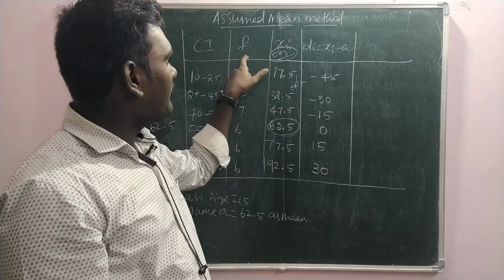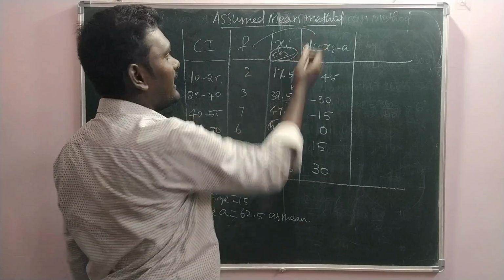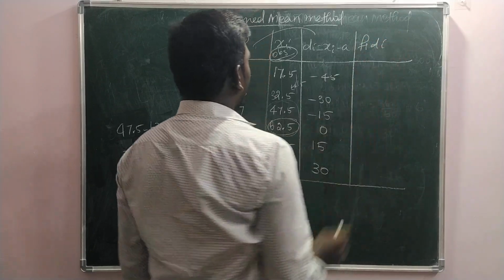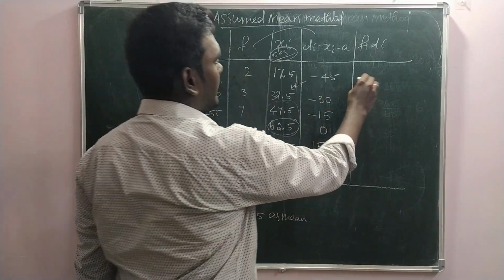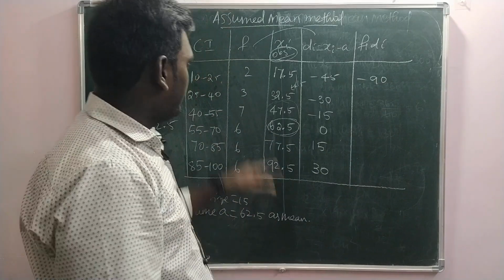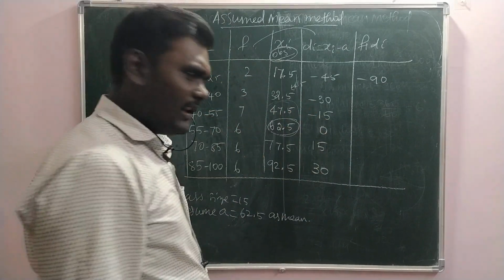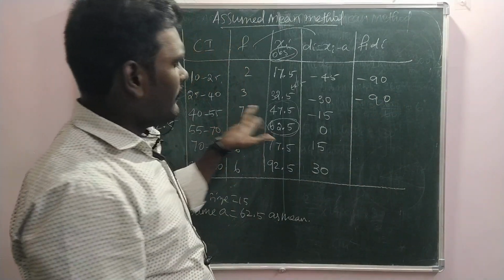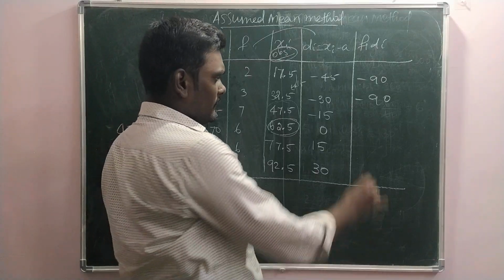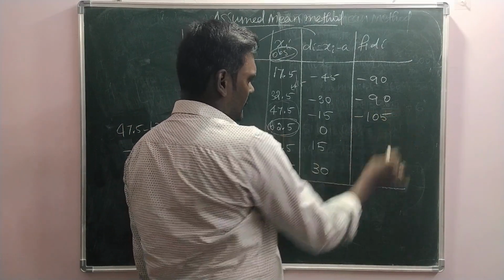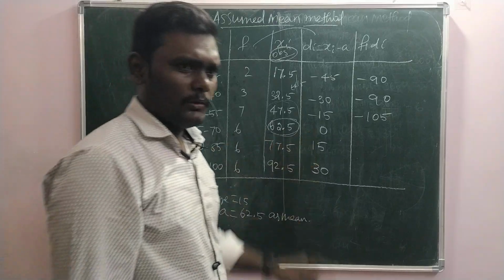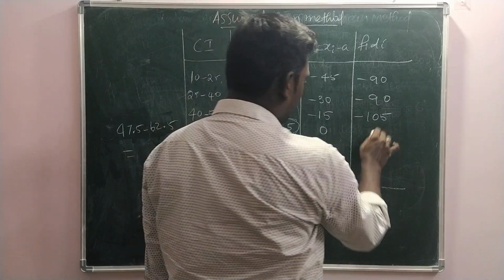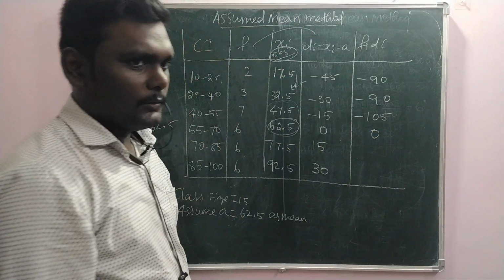So instead of finding fi xi, now we will find fi di. We are multiplying fi with di. 2 times minus 45, which is minus 90. 3 times minus 30, minus 90 again. 7 times minus 15, which is minus 105. 6 times 0, 0.